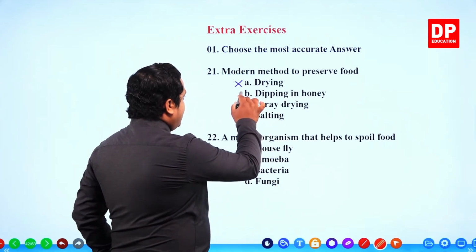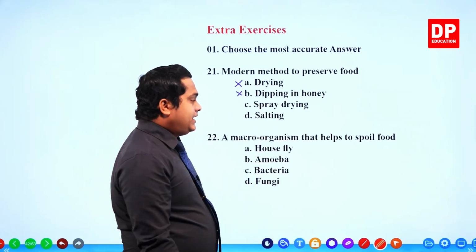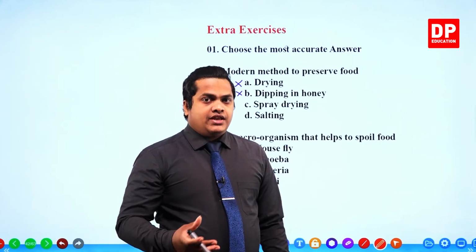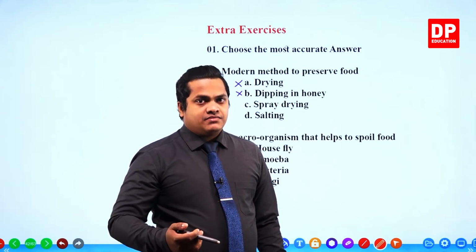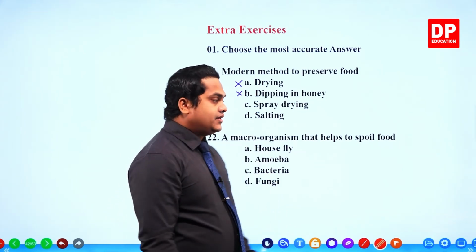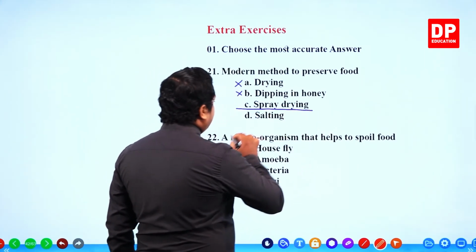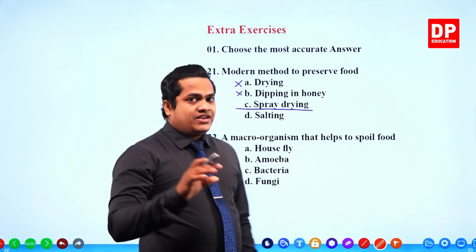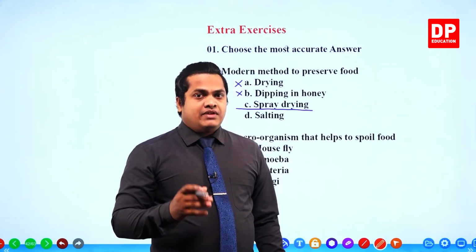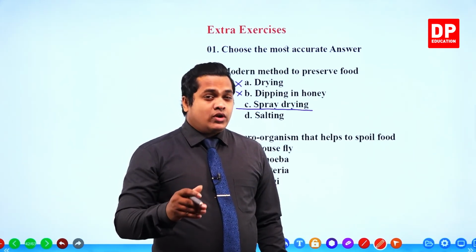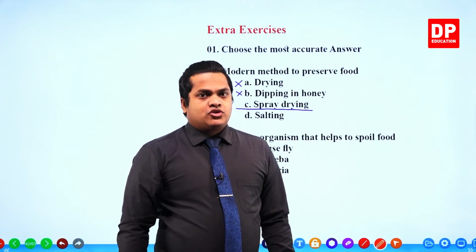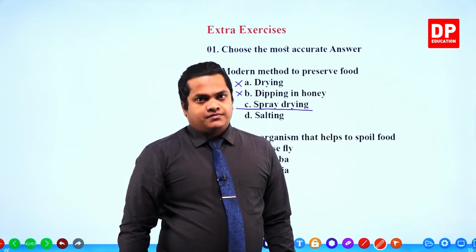I told you that even native people like the Vedda people used this technique to preserve meat items. So it is incorrect. Spray drying, that's correct, because by spray drying we can preserve milk. That's how milk powder is prepared. So spray drying is correct, my dear children. Okay.